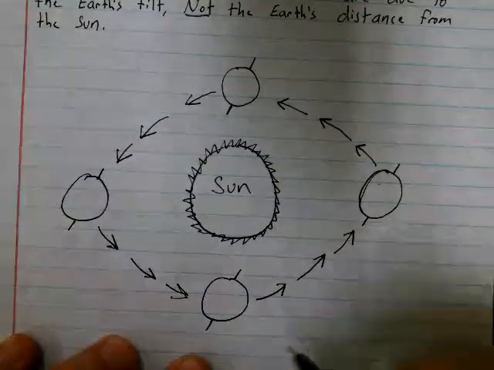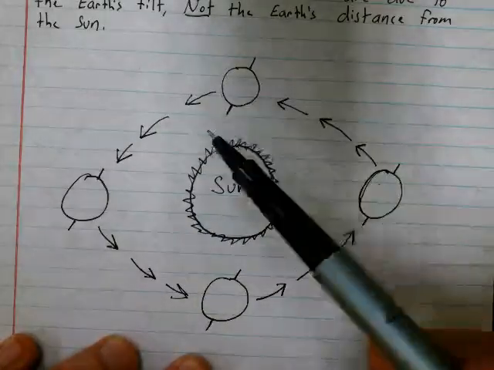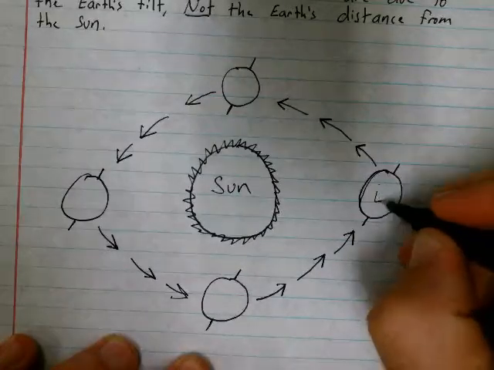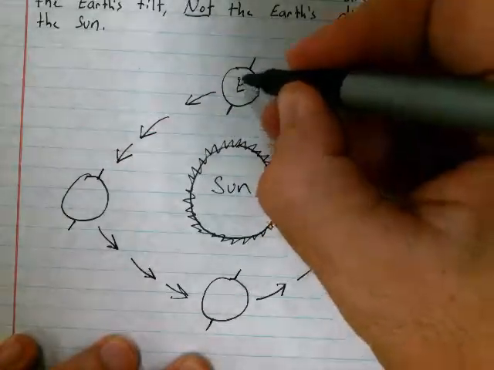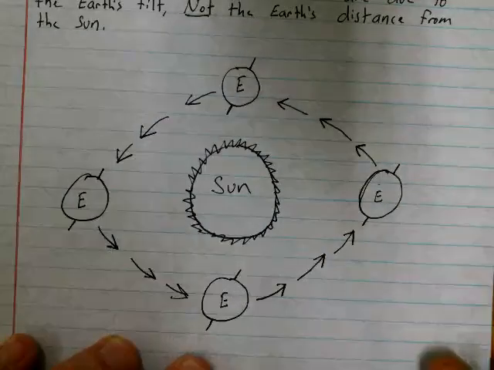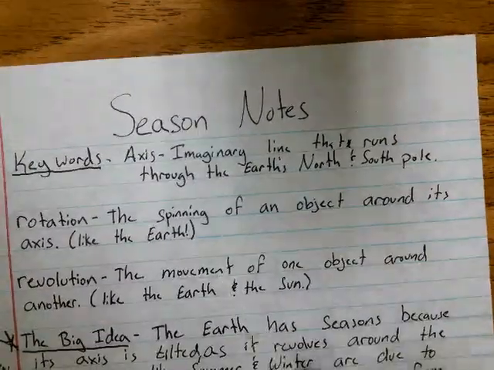So the Sun is being orbited by the Earth. It's going all the way around, and the tilt remains at 23 degrees. So let's go ahead and put that up here on the axis, rotation, revolution.